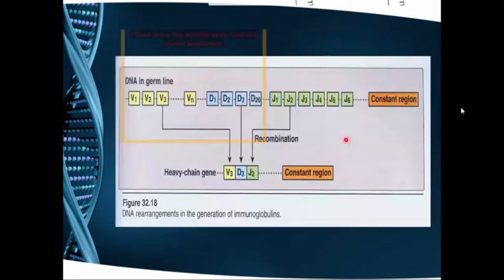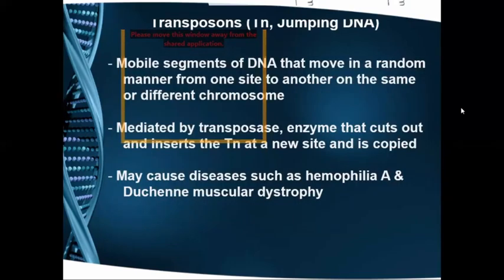And this is due to what? Recombination. Okay? Of genes involved in the synthesis of the different parts of the antibody, the constant region and the variable region. Okay? So producing different kinds of antibodies.